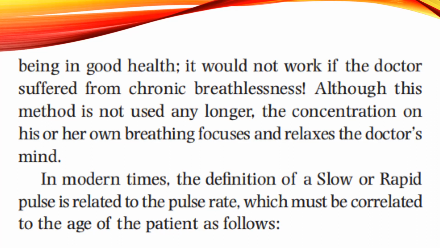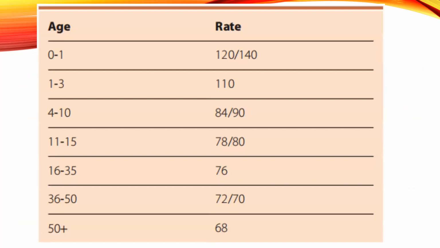In modern times, the definition of a slow or rapid pulse is related to the pulse rate, which must be correlated to the age of the patient as follows. So, according to age din po yung pagbilang natin. Ito, at least may guide po tayo ngayon, ano? So, pag 0 to 1, dapat po ang rate ay 120 to 140.